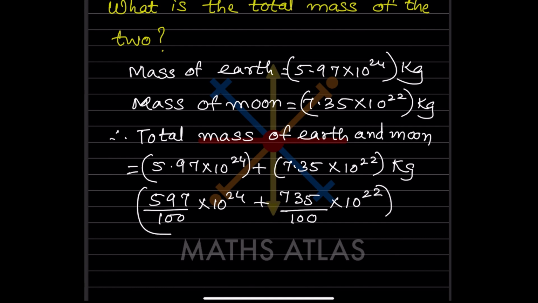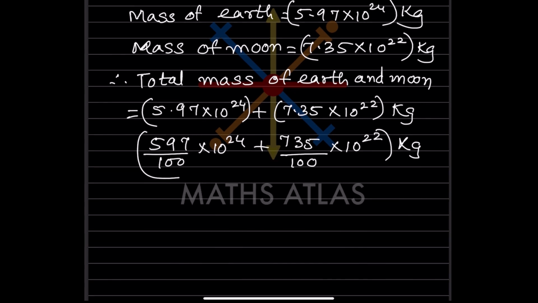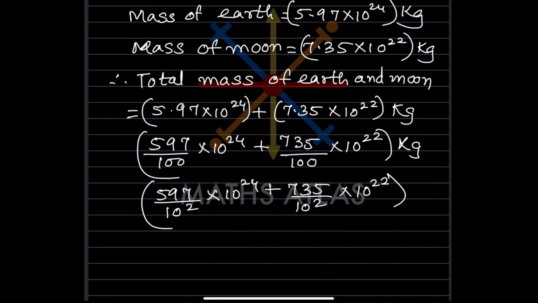This whole we can put a bracket, and we can write this one as kilogram. So now what we can do here, we can also write here 597 divided by 10 raised to 2 into 10 raised to 24, and this we can write here 735 divided by 10 raised to 2 into 10 raised to 22. This will be in kilogram.